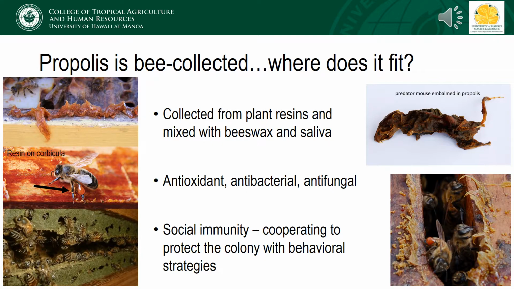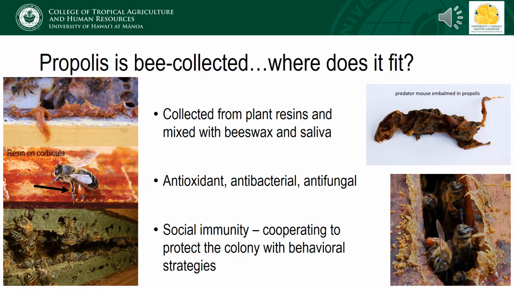Although the colony is comprised of thousands of individuals, genetic studies revealed that honeybees actually have far fewer genes related to immunity, meaning that an individual bee's immune defenses are lacking. It is thought that they overcome this with behavioral strategies to combat disease via social immunity, or cooperating to protect the colony with strategies such as removing dead bees, grooming, hygienic behavior, and the gathering and use of propolis within the hive.